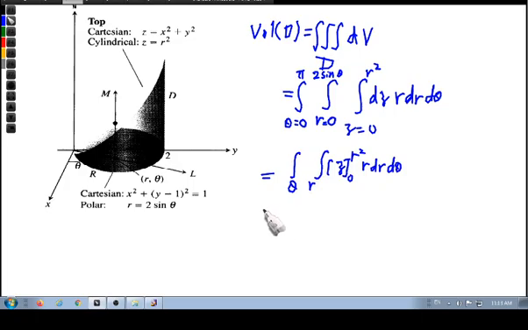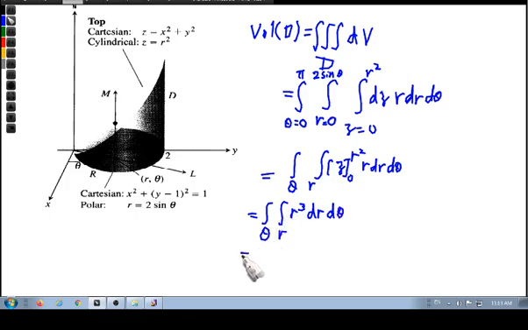So what will you get? The integral over theta, integral over r, of z evaluated between 0 and r squared, which is r squared. R squared into r is r cubed, dr, then d theta.